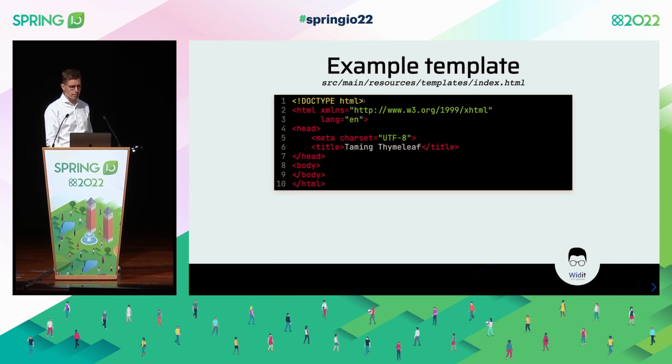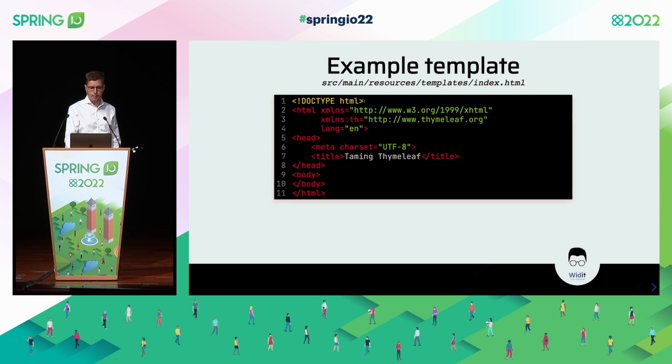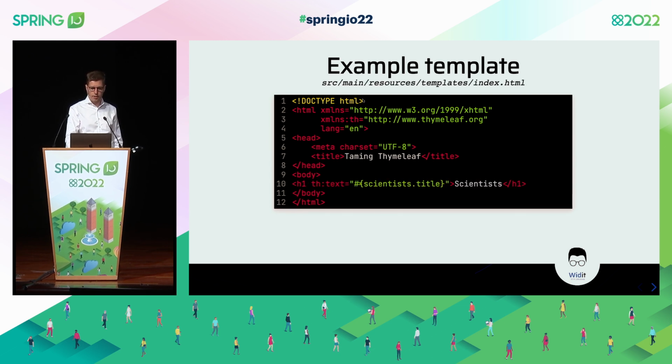What does such a Thymeleaf template look like? Well, we can start with just a basic HTML5 page, nothing special here, and we add the th namespace to that. Once we have that, we can start using special Thymeleaf attributes inside our page. So here on line 10, we have the h1 tag.